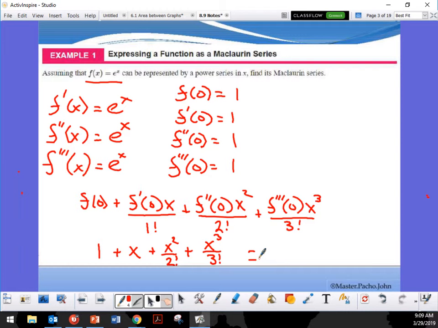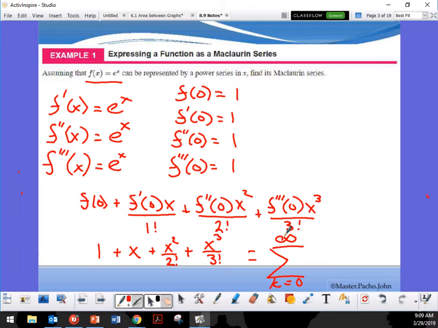So we're going to say I have the sum as k equals 0. If they're staying the same sign, do I need to put in an alternating series? How would I make it an alternating series? Negative 1 to the k, right? Some type of k, so 2k, 3k, something like that.